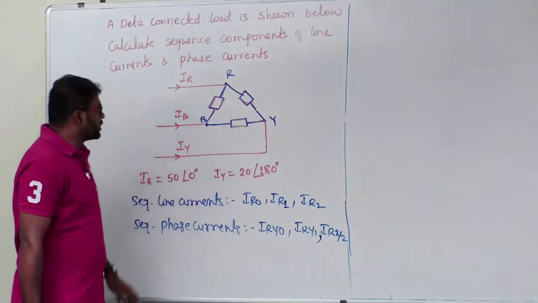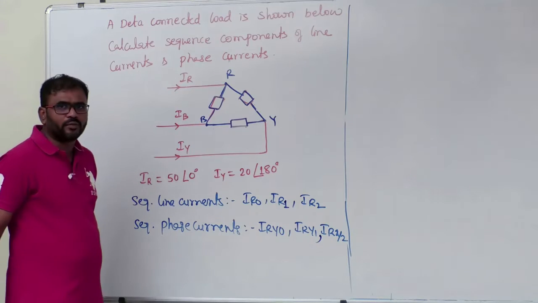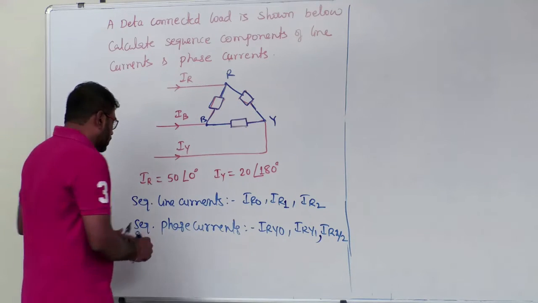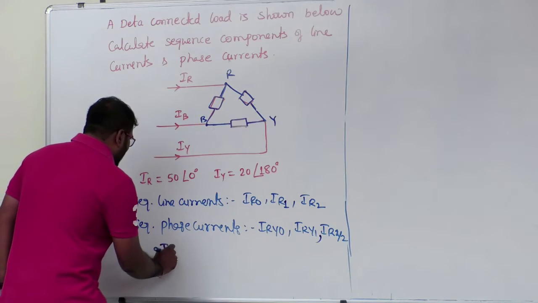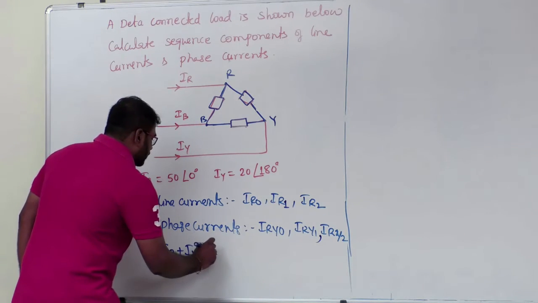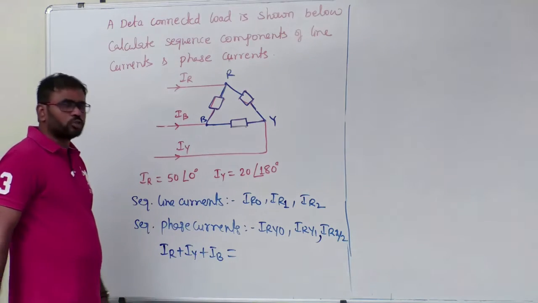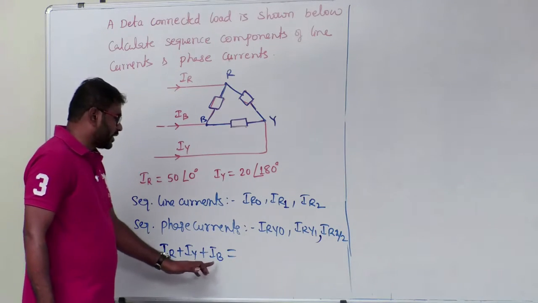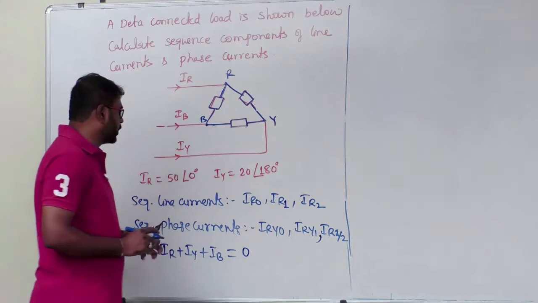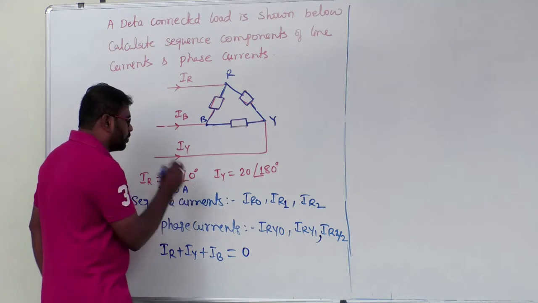But let's see what is given in the problem. IR value is given and IY value is given; the IB value is not given. Shall I take the IB value as 0? You cannot, because the fundamental relation is, whether it is a balanced or unbalanced system, for a delta connection the sum of the line currents is always equal to 0. IR plus IY plus IB is always equal to 0. IR is given as 50 amperes, 50 at an angle 0 means 50.